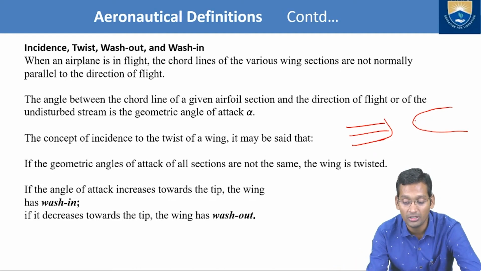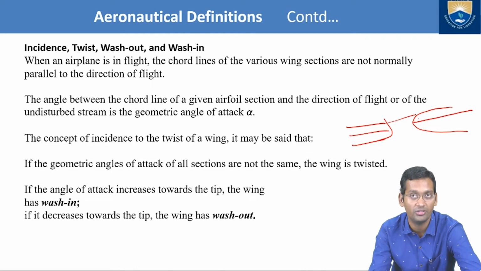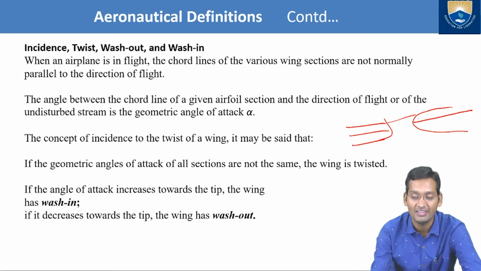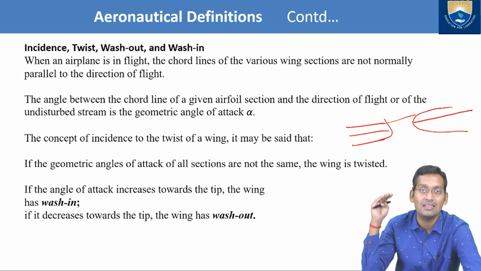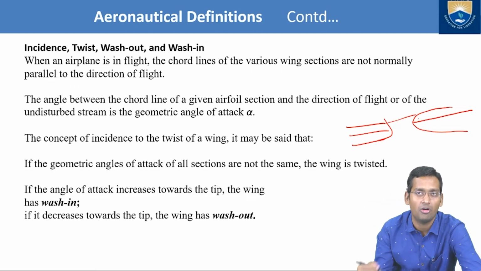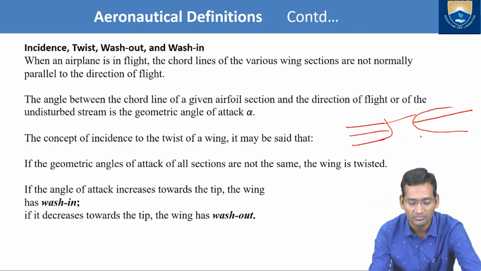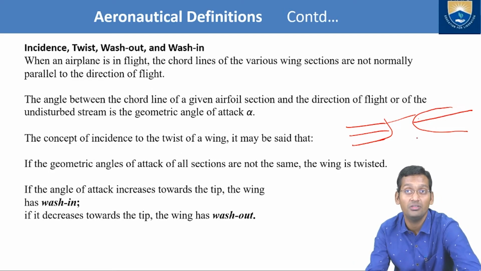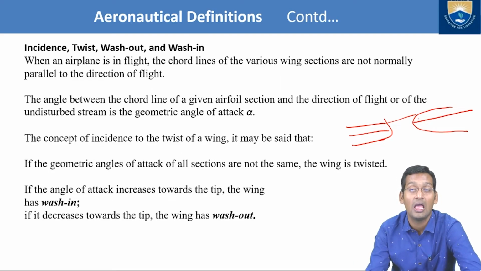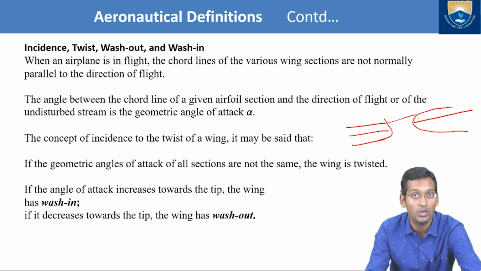So the angle between this streamline and the chord line of the wing is called the angle of attack. By that angle only the air is hitting the wings or fuselage of the aircraft. So that angle is very, very important. The lower that angle is, the lower the gust they will experience.